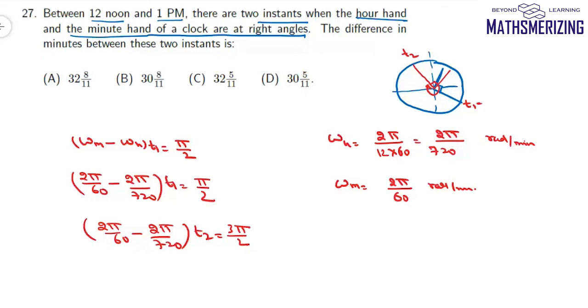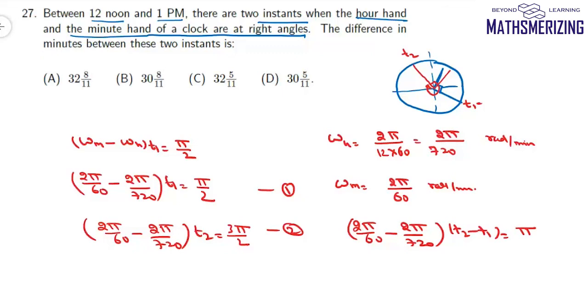Now we'll need to find the difference in minutes between the two instants. So what I'll do is subtract the first equation from the second equation. If I subtract first from second, I'll get 2 pi by 60 minus 2 pi by 720 into T2 minus T1, and this is 3 pi by 2 minus pi by 2, so it is simply pi.